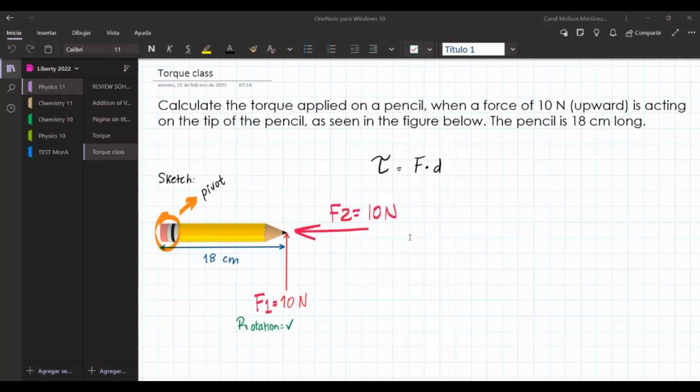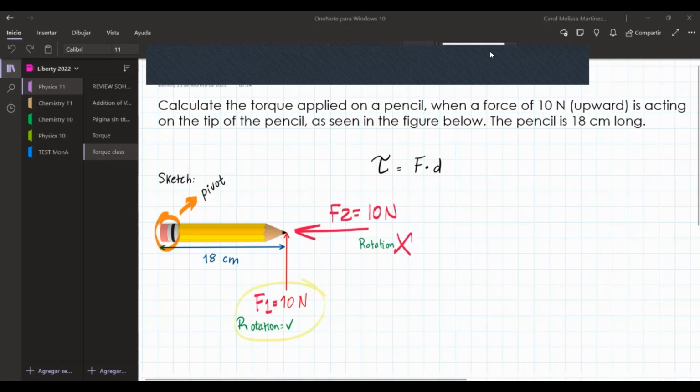If I apply a force 2 on this object, am I going to be able to rotate the object? No. So always try to see that sometimes you're going to have forces that act in 2 dimensions. So you have to use only the force that causes the rotation. In this case, this one is never going to rotate the pencil.